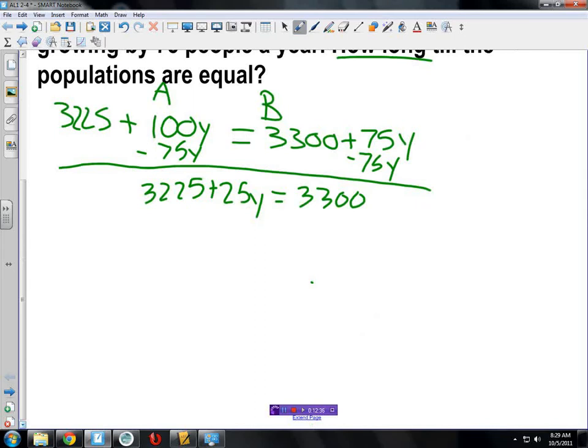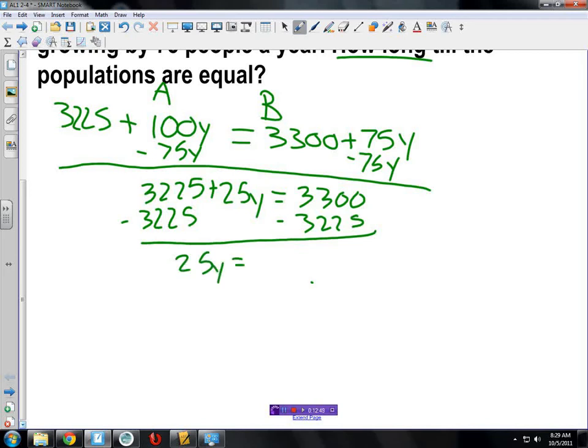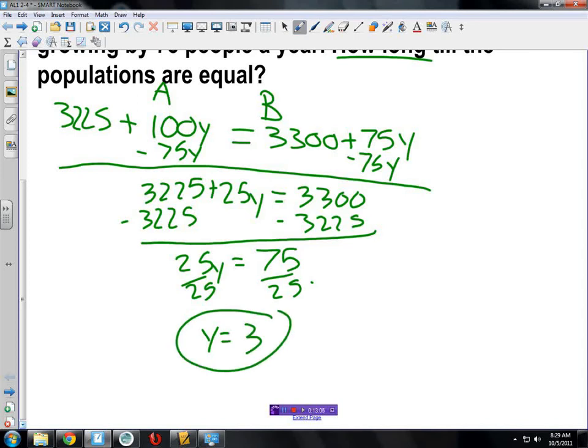Now what? Minus the number, because we want the constants to be on the same side too. If I minus those two, I get 75. And then divide by 25. How many years did it take? How many did you guys find it took on your warm-up? 3.